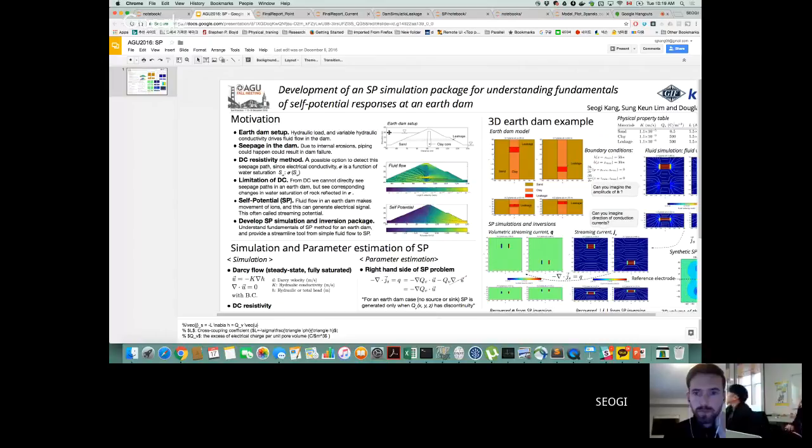The left side is the reservoir, so we have some hydraulic load, and on the other side there are some people living. It's very important to know whether there's a leakage or not, and all the hydraulic heads should go down below the land. That's the problem. And then the structure, they have sand. It's not like a solid rock.